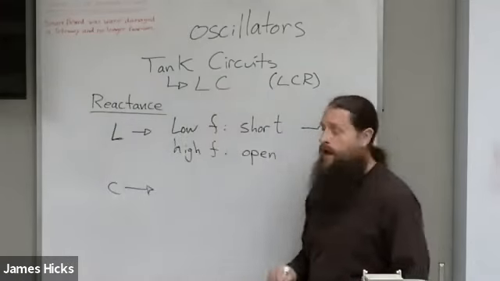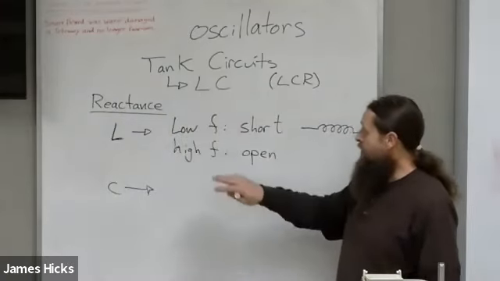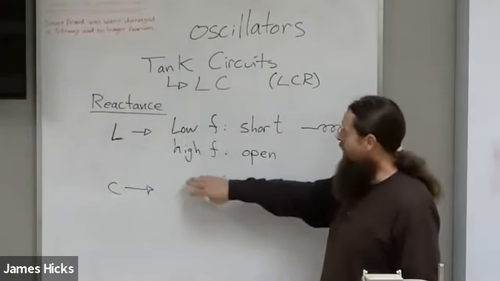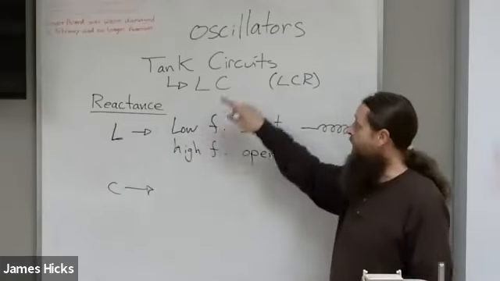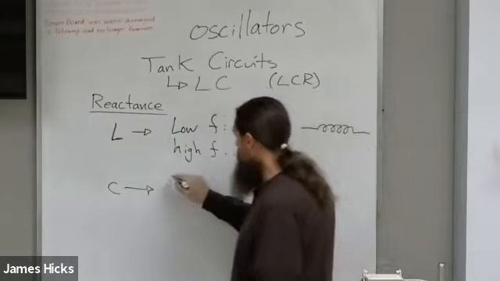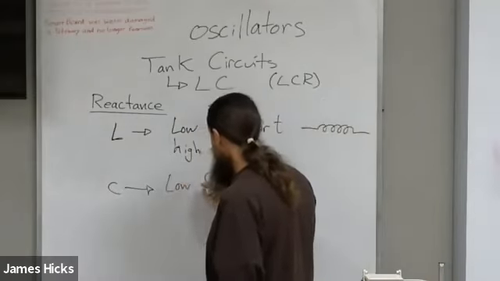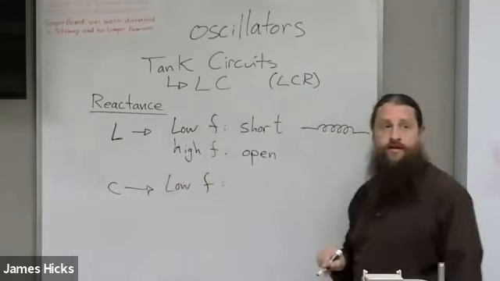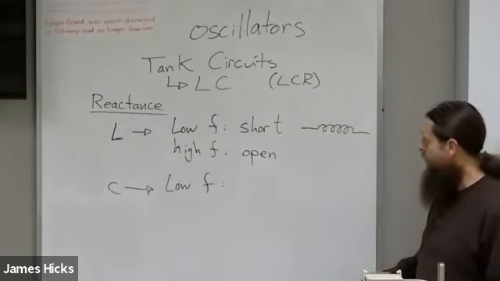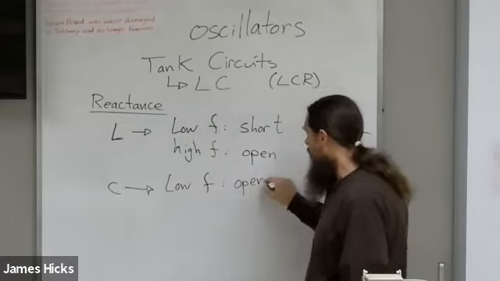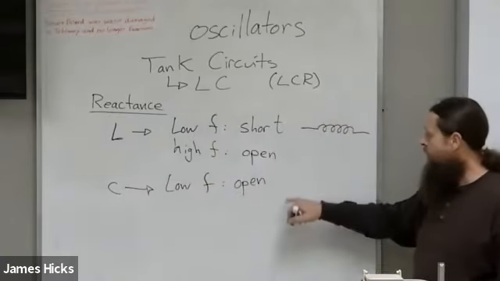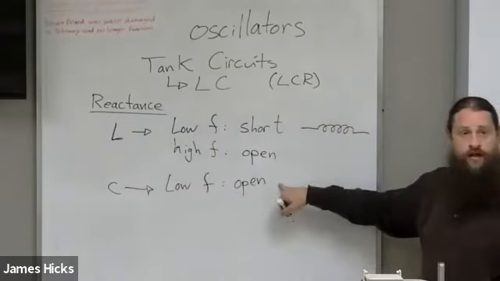The cool thing about the capacitors, and this is basically why an inductor and a capacitor work together to make a tank circuit, is that the capacitor does exactly the opposite. At low frequencies, it's got a high reactance, high resistance, so it's kind of like an open.